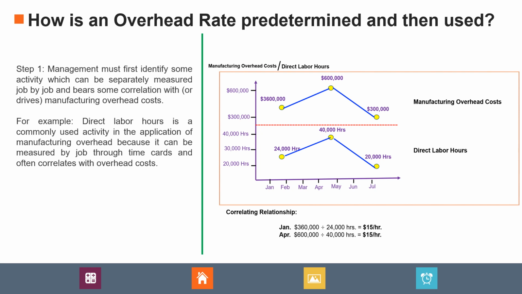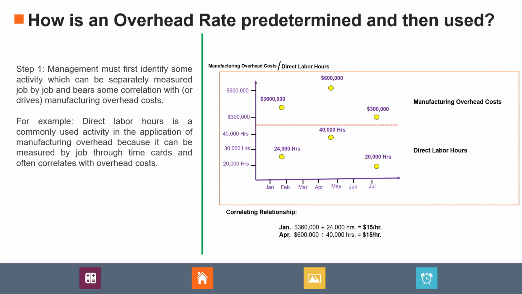So in the next step, once I've identified direct labor hours as the activity I'm going to use, I am going to calculate an overhead rate for the future, for this next month or year, based upon prospective or budgeted overhead costs and budgeted direct labor hours.